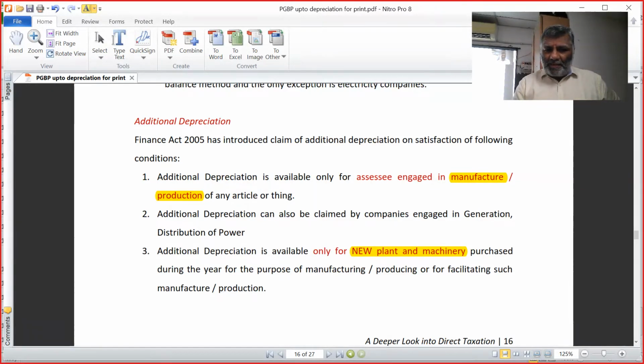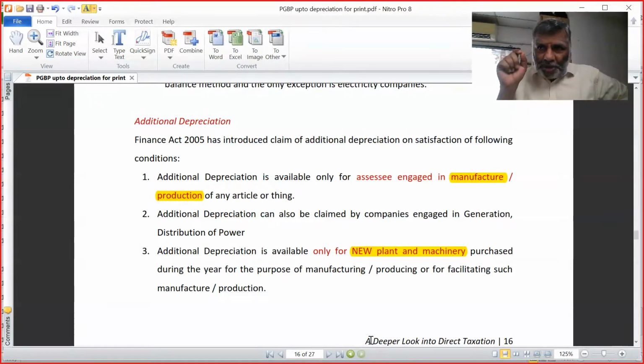Please write and keep it somewhere, and there is a reason for my repeating this. You cannot claim additional depreciation for second hand machinery.